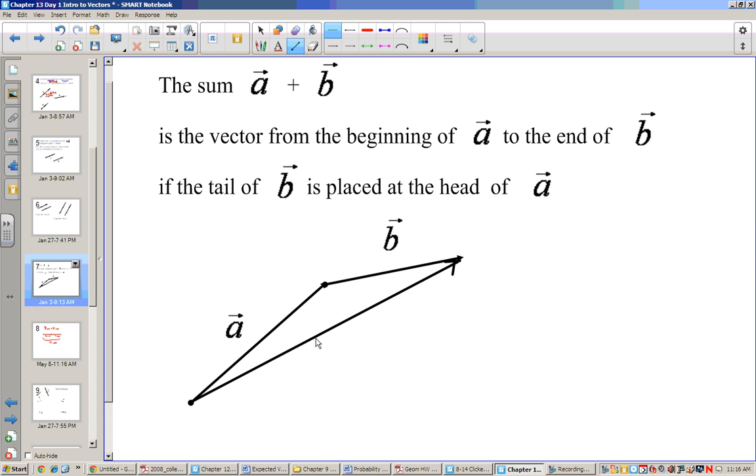So this vector right here is the vector a plus the vector b. If we think about this in a real world situation, if a plane is flying in this direction and a wind is blowing in this direction, the resulting path the plane would fly would be this a plus b.